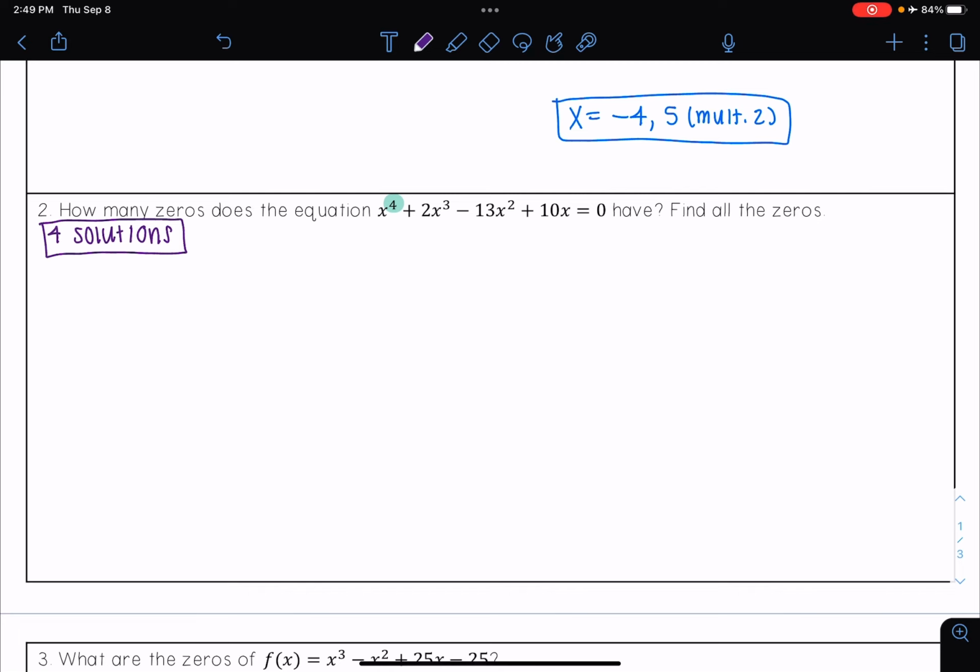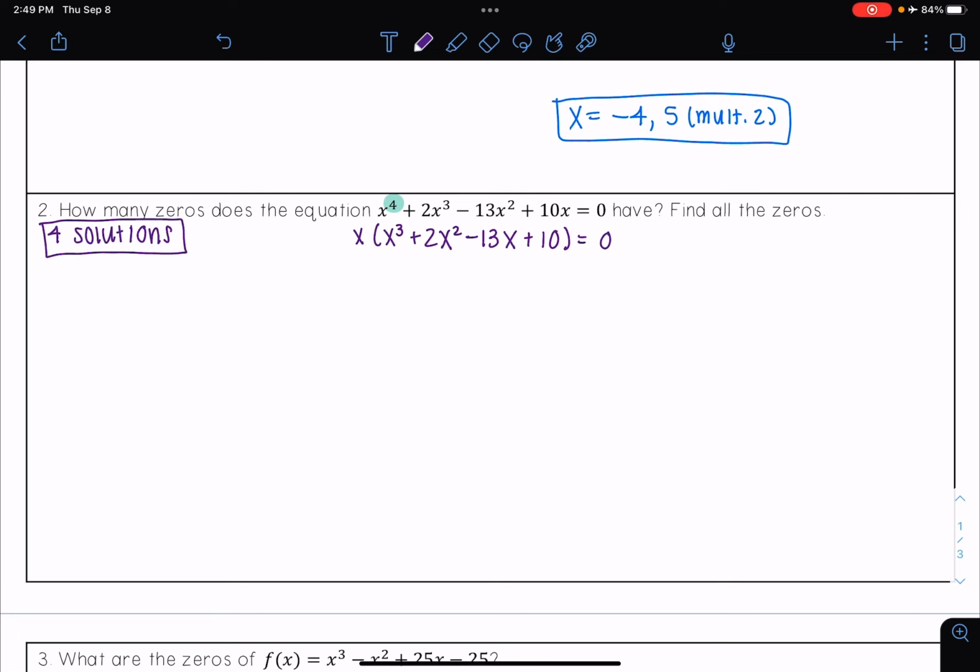It's just going to be 0 at the end because my last term here is 10x. So because of that, I can start by factoring out an x. So I already know that one of my linear factors is going to be x minus 0, or in other words, the solution is going to be 0 because of that x that we factored out. But now we need to figure out more solutions from this other polynomial.